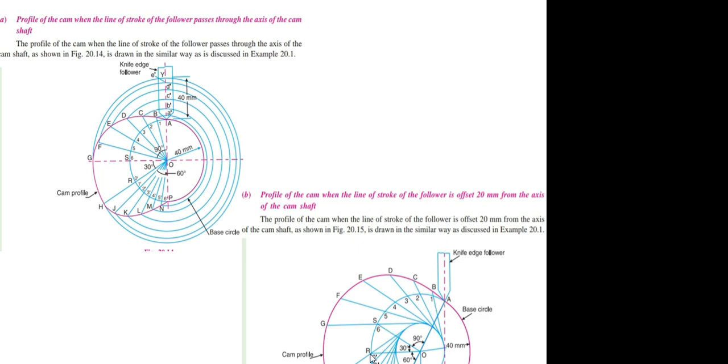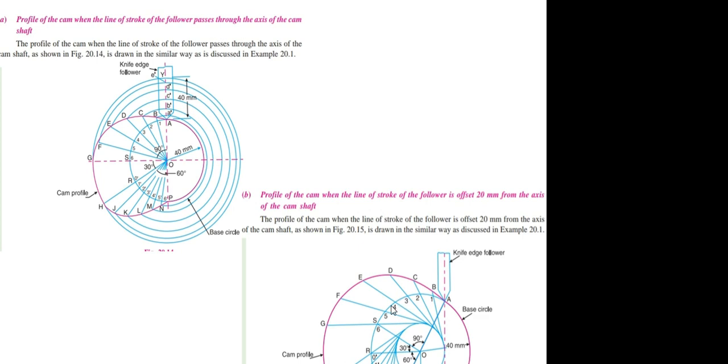Similarly, divide theta R also in 6 equal parts and mark those points on the base circle, that is 1 dash, 2 dash, 3 dash, 4 dash, 5 dash, 6 dash.